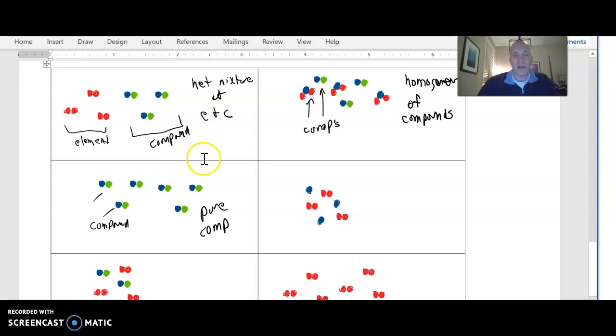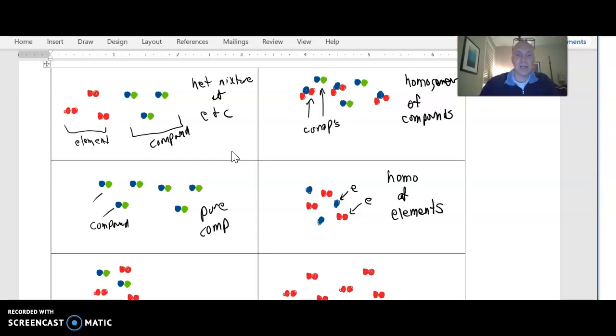In this one right here, that right there is an element, but that right there is a different element. And notice that they're completely mixed. So this would be a homogeneous mixture of elements.